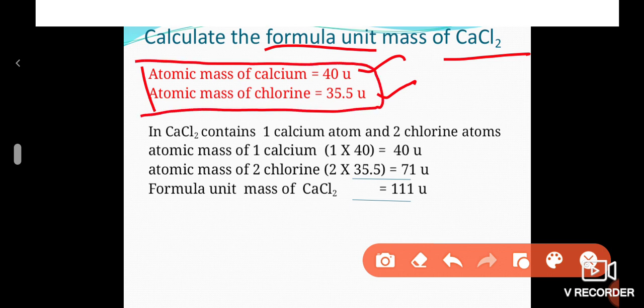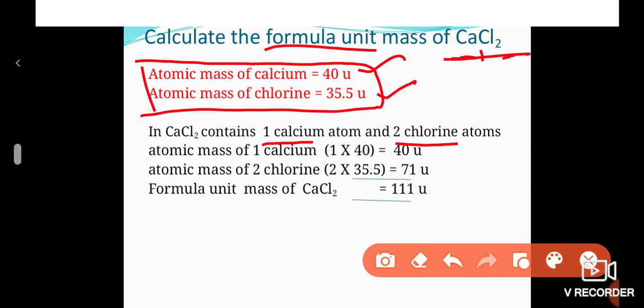Here the values are given in the problem. First, we know that there is only one calcium atom and 2 chlorine atoms present in CaCl2. So CaCl2 contains 1 calcium and 2 chlorine atoms.